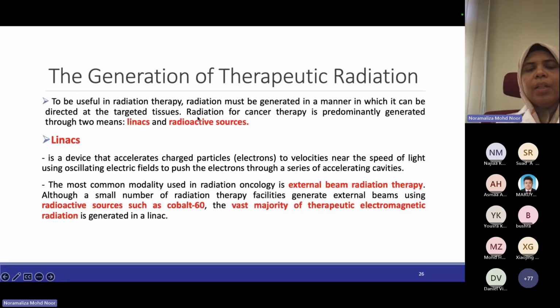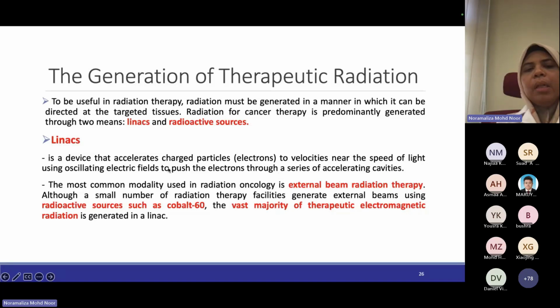Usually, radiation for cancer therapy is predominantly generated by two means, which are LINAC and radioactive sources. A LINAC is a device that accelerates charged particles, electrons, to velocities near the speed of light, using an oscillating electric field to push the electrons through a series of accelerating cavities.